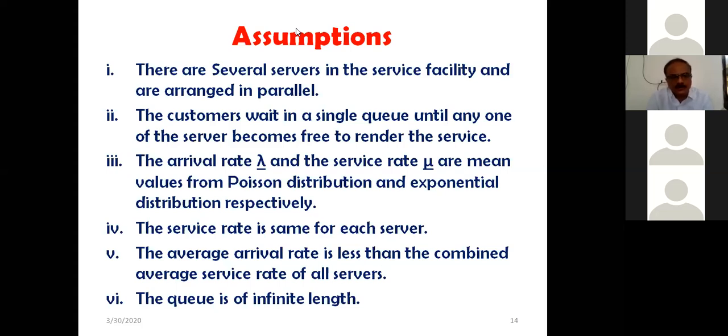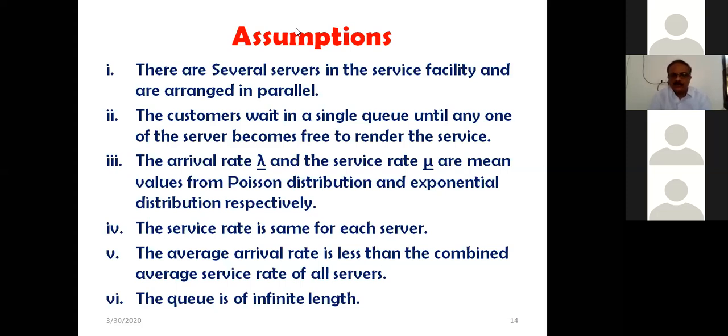It is not like one server is working very fast. That means out of those C servers, one is working very fast and the other one is working slow. It is not like that. All the servers are working at the same rate. The next one is that the average arrival rate of the customers is less than the combined average service rate of all servers.